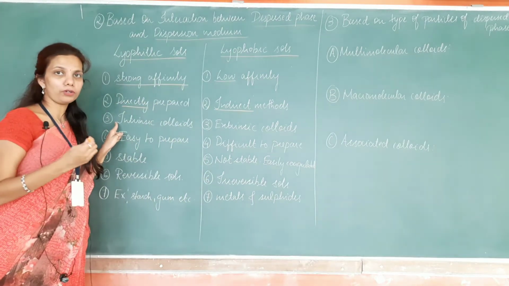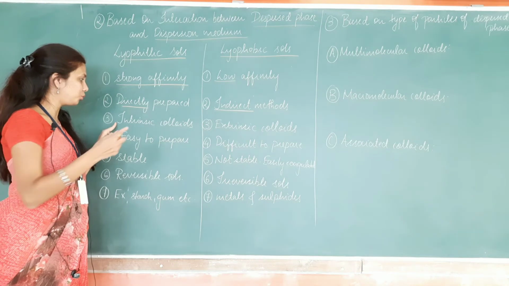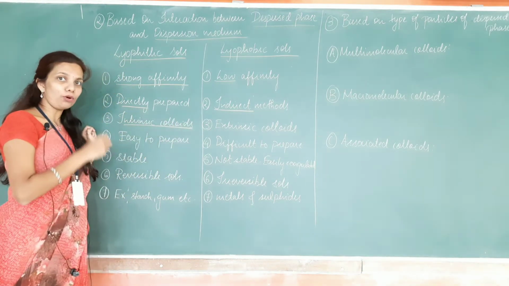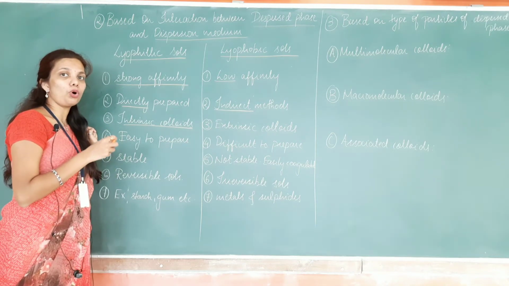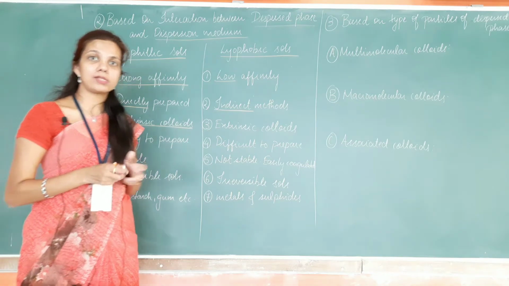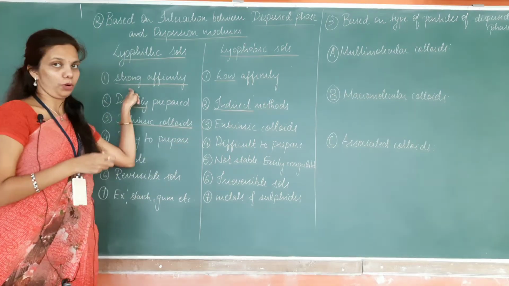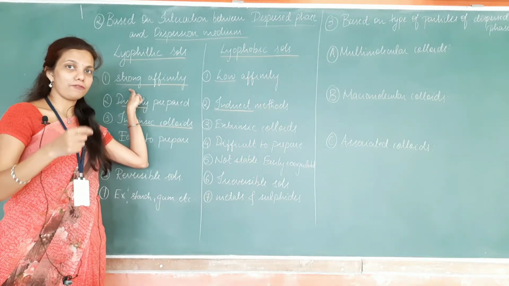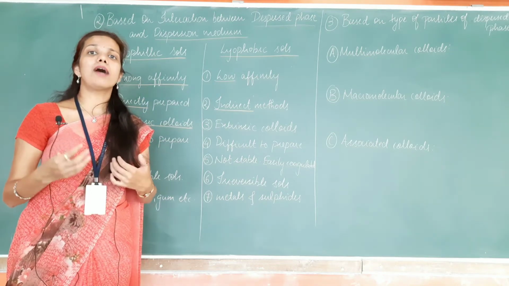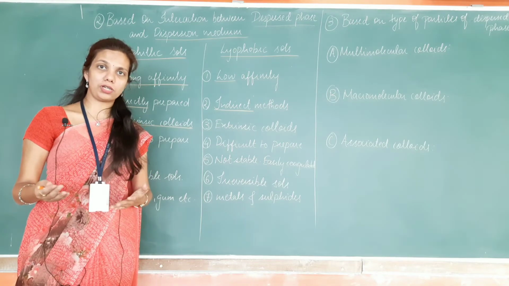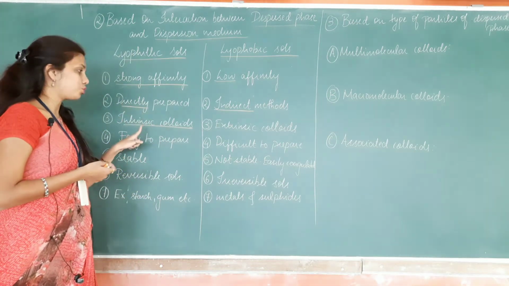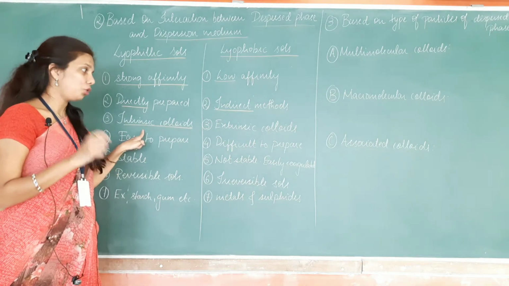Coming to the third point of difference or comparison between the two, lyophilic salts are also called intrinsic colloids. Now why are they called intrinsic colloids? This depends on your first point, that is they have a strong affinity. Since the dispersed phase and the dispersion medium have a great attraction between each other, therefore lyophilic salts are also called intrinsic colloids.